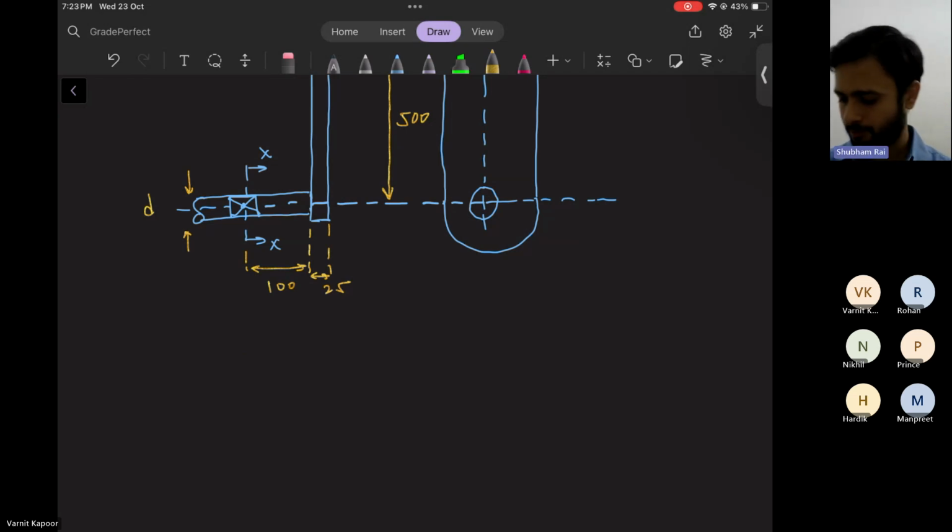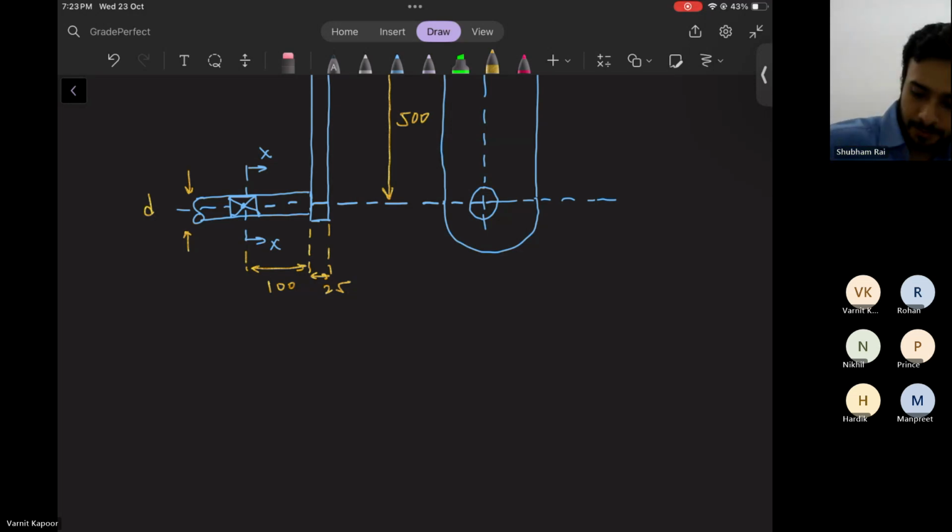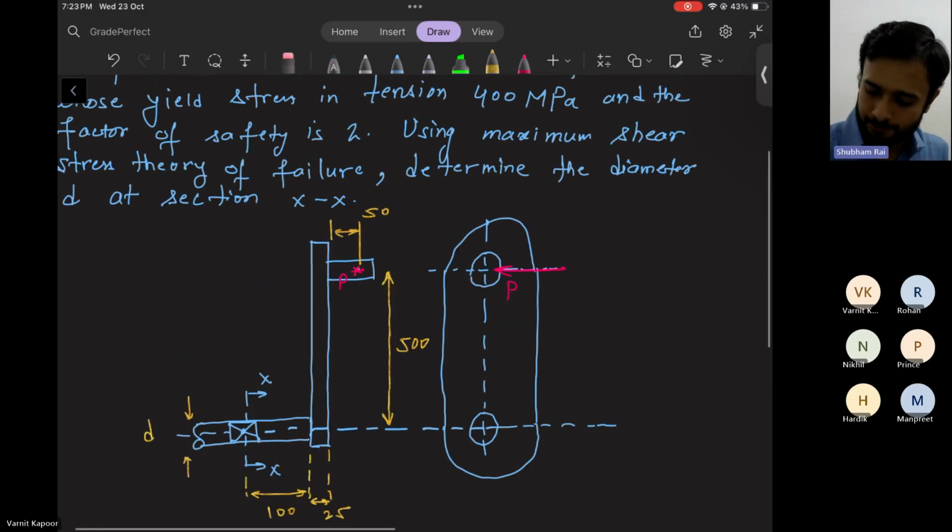This pen is not working exactly. Let's wait. This pen is not working. So can you try to solve this question meanwhile?